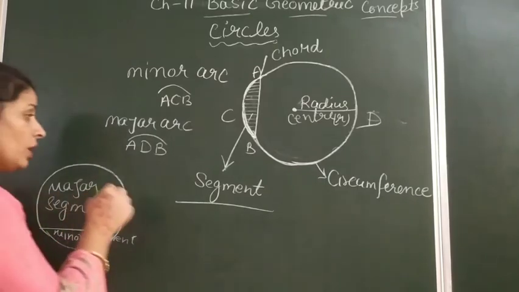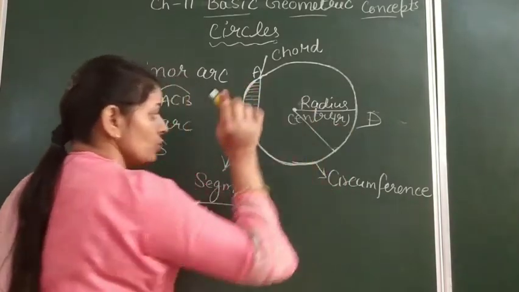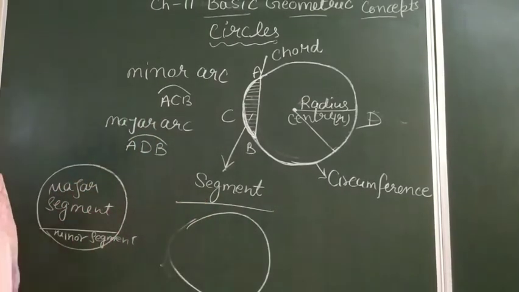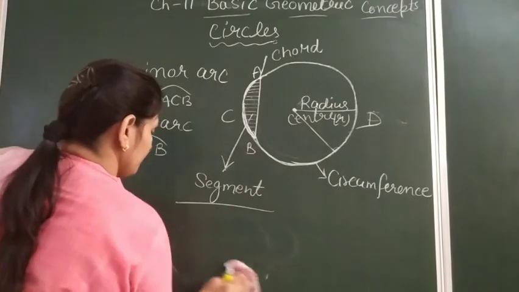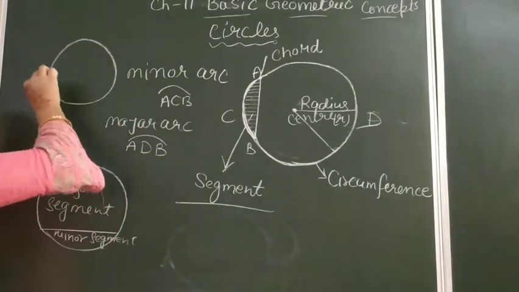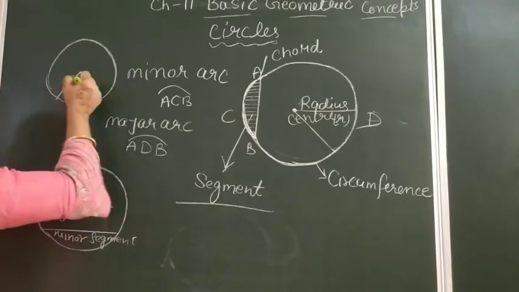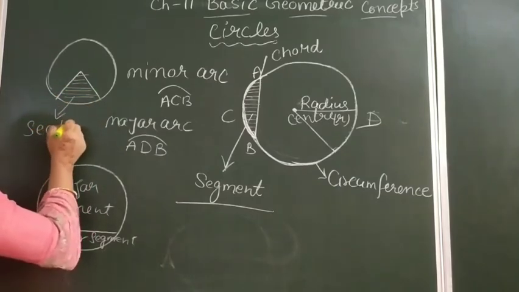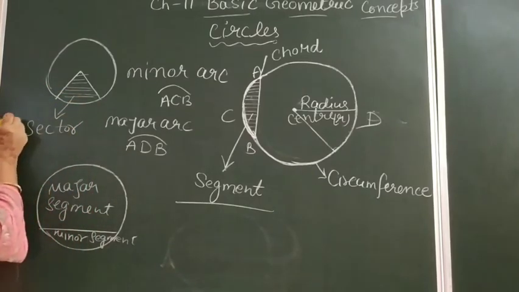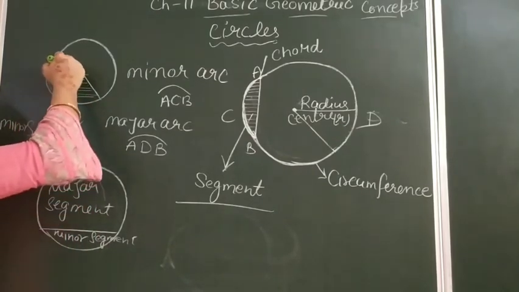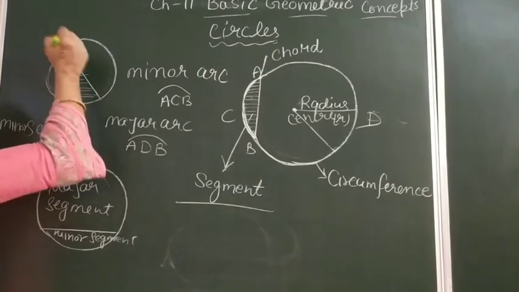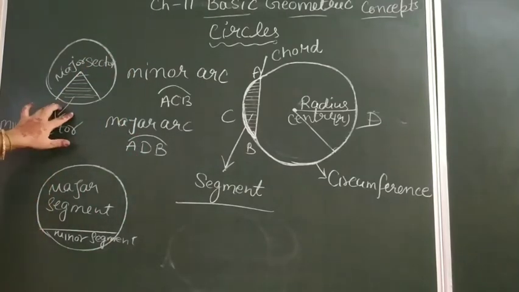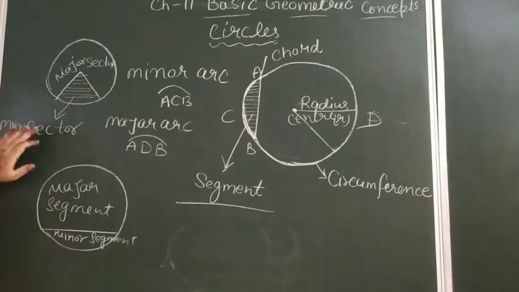And if we join 2 radii, like this, this portion is known as a sector. The area enclosed by 2 radii and the circle is known as a sector.